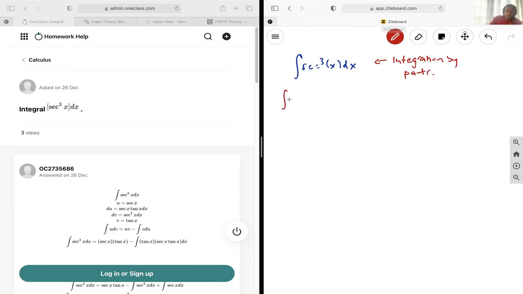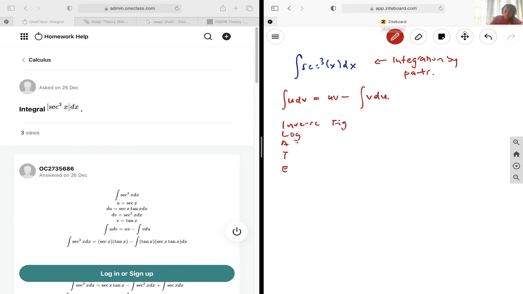So let's just write down the formula. And remember that we will be choosing our u according to ILATE. So let's just write that down.